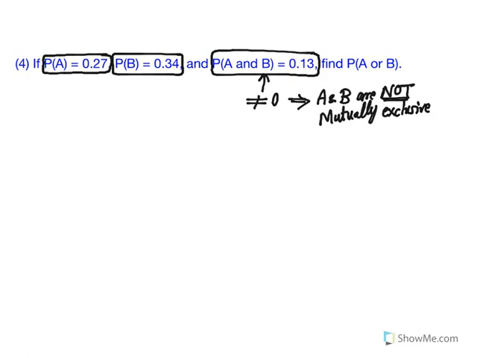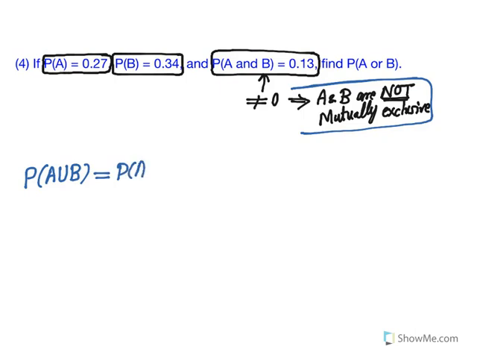So since you concluded already here that they are not mutually exclusive, you can say probability of A or B is equal to the probability of A plus the probability of B minus the probability of A and B. All of these things are given to you.